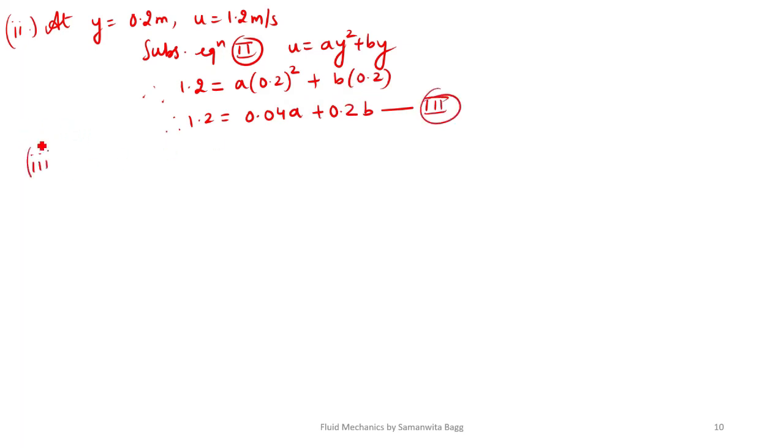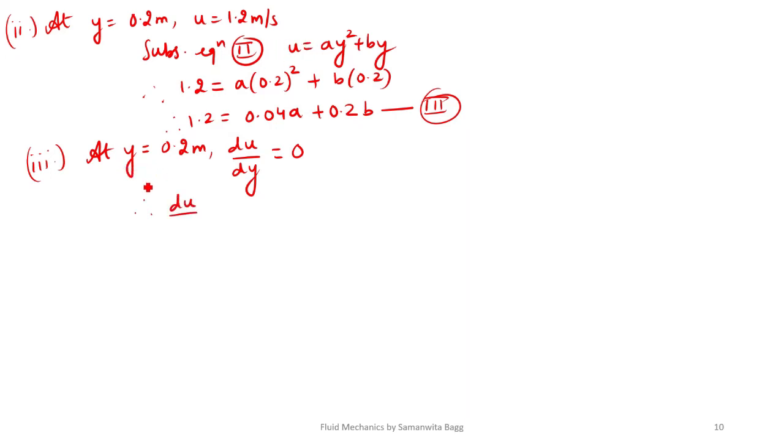The third boundary condition that I am going to use is at y is 0.2 meter. If I take derivative of this term, I get du by dy. Since it is a constant value 1.2, its derivative will be 0. So let's take up equation 2 and find its derivative.